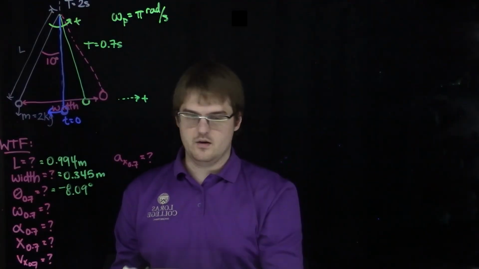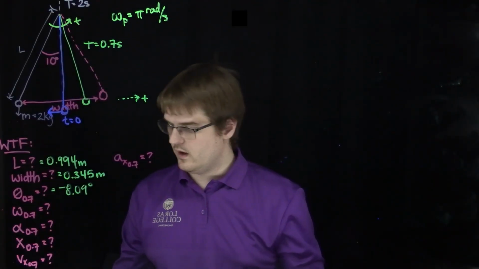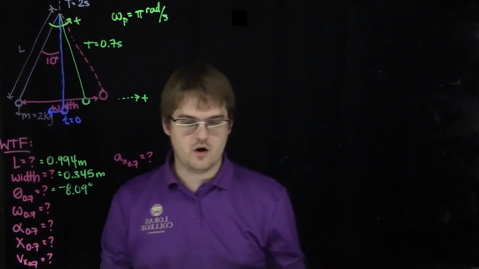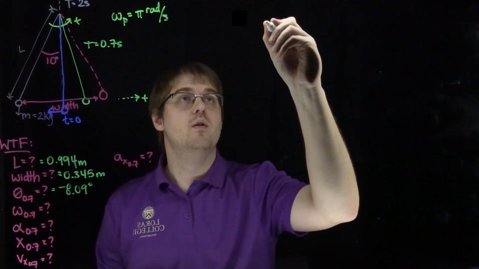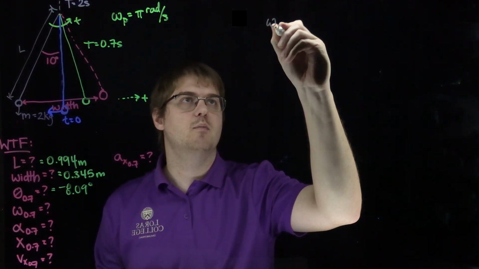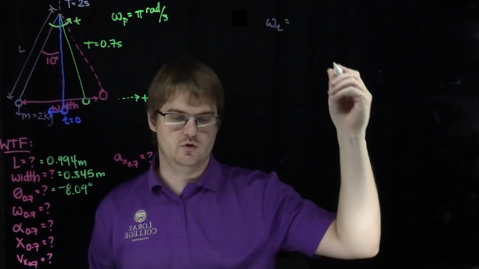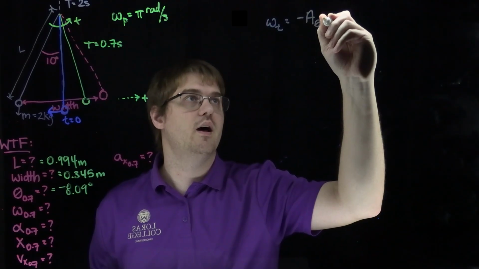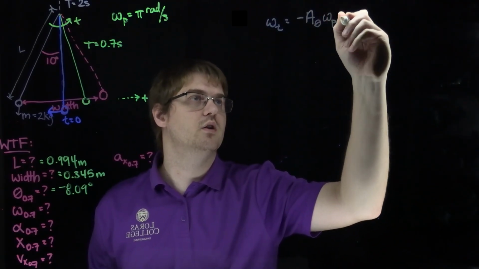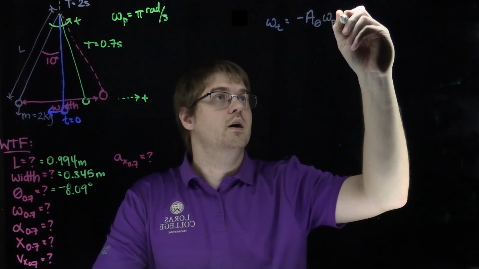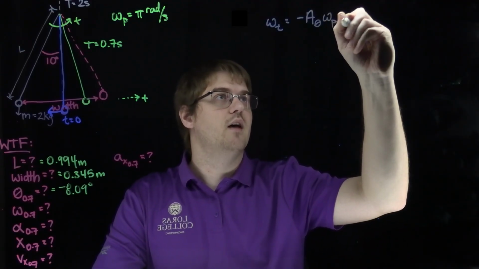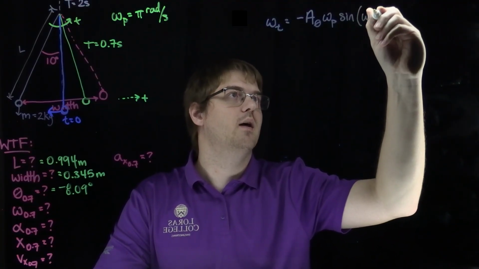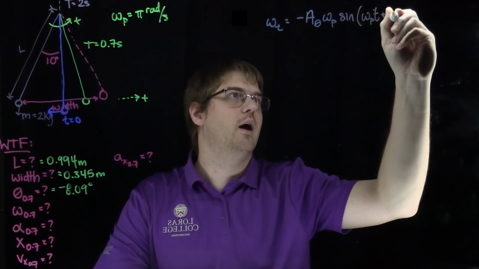First step done. Now omega. Well, omega is going to work exactly the same as our theta did, except we use our rotational piece. So omega at time t is going to be equal to negative A theta times omega pendulum times the sine, instead of cosine, of omega pendulum times time plus our phi.